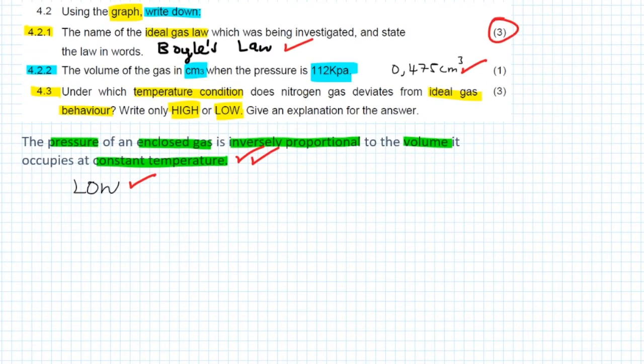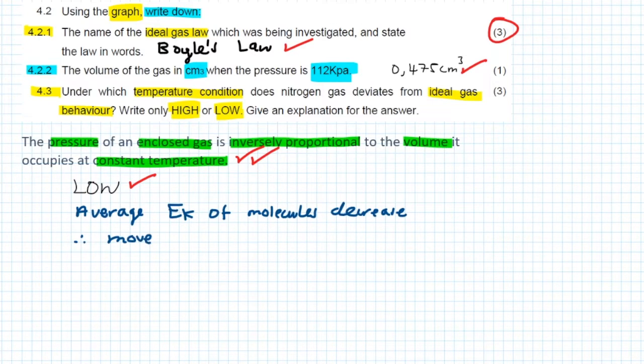Well, when the temperature is low, number one, we're going to find that the average kinetic energy of the particles, and you're going to write out in full words, kinetic energy of the molecules is going to decrease. Therefore, the molecules are going to move slower past each other.